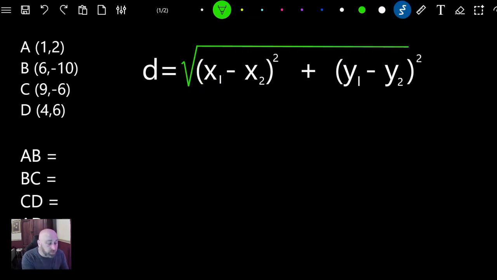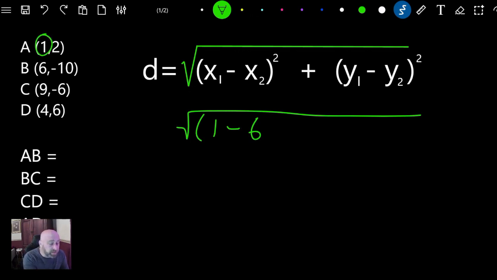In other words, what we're going to do is put in, so square root of parenthesis 1 minus 6. So where did I get those 2 points from? The first X came from the A point, and the X2 came from the B point. Okay, so I have to do the same thing over here.